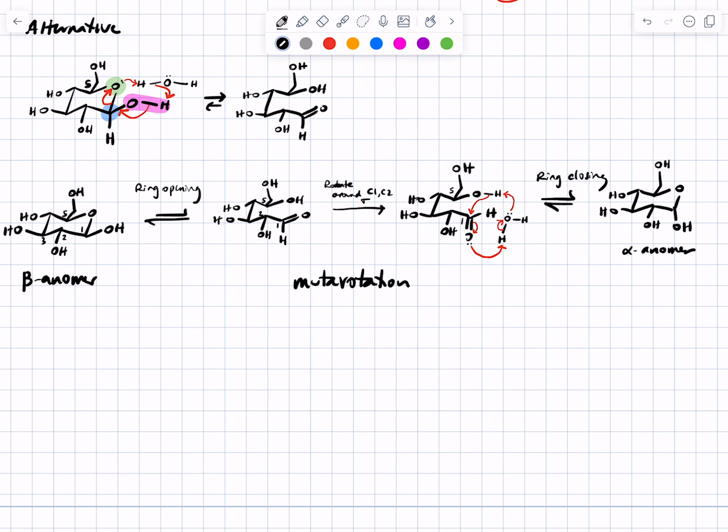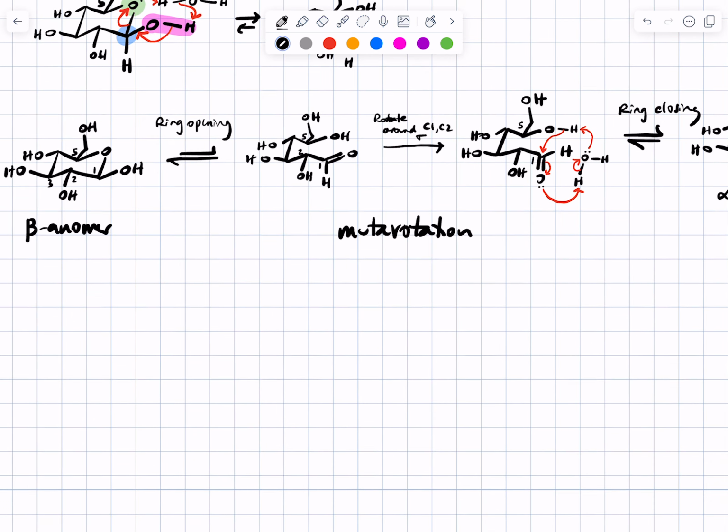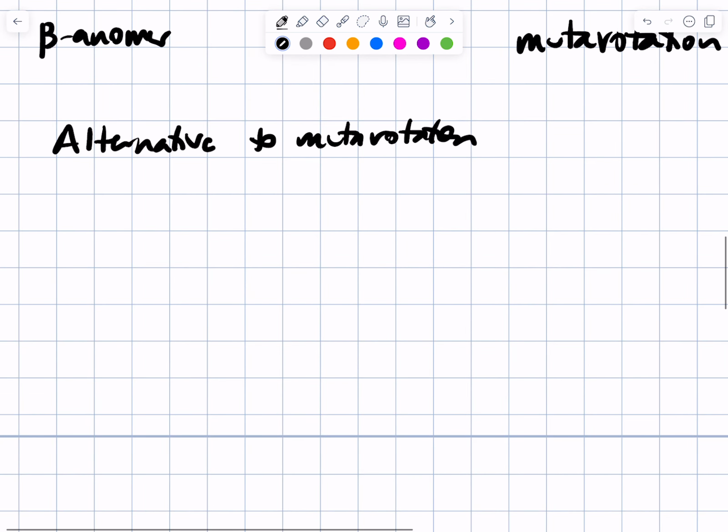Now, there is another alternative for mutarotation, and it's important too, and will help you remember some things about hemiacetals. So, alternative mechanism, it's not an alternative to mutarotation, it's an alternative mechanism for mutarotation.